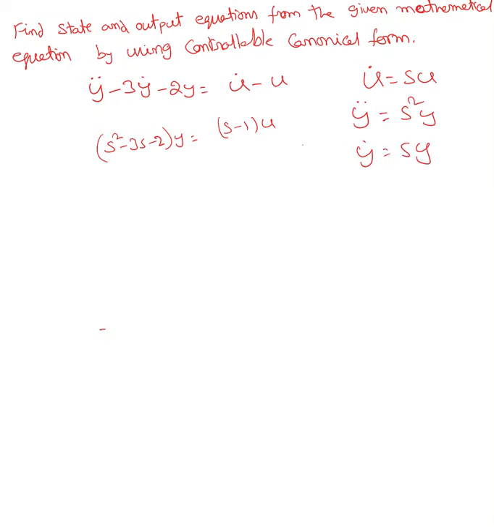Now if you look at this equation, y over u, output over input, where y is the output and u is the input for the given system, is s minus 1 over s square minus 3s minus 2. The order of the system is 2 based on the number of poles, so this system has 2 poles and 1 zero.